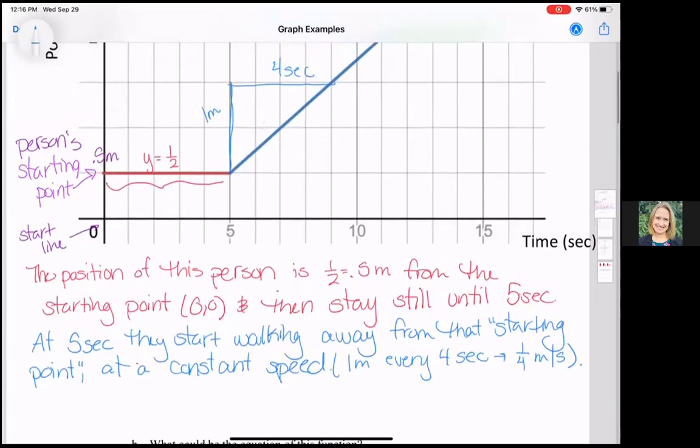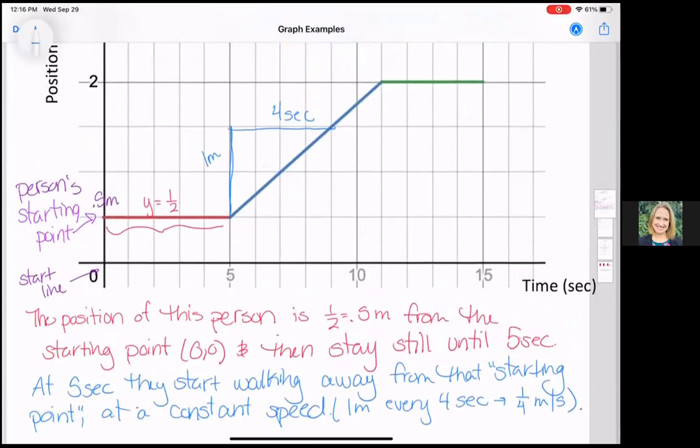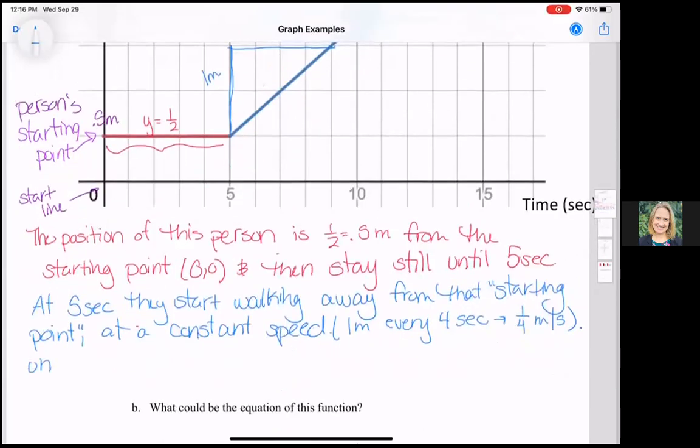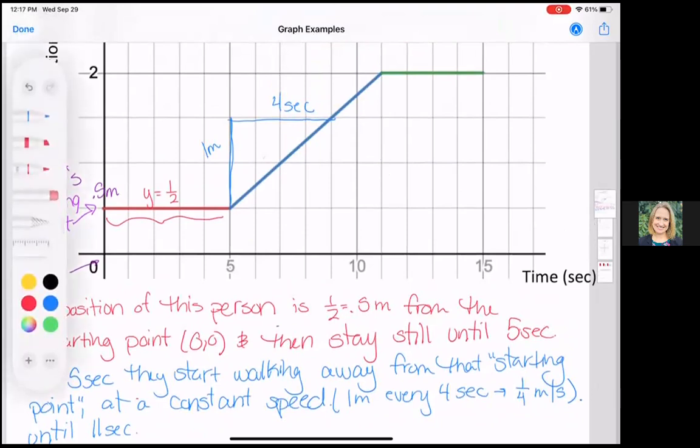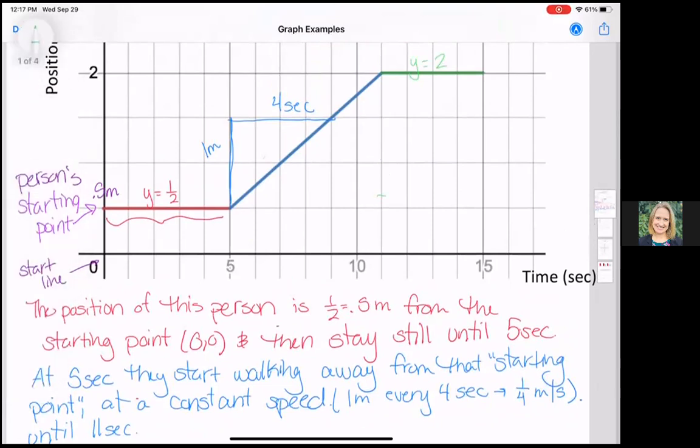And then they walk until 11 seconds. All the way until here is where this part ends. And now at 11 seconds, we'll change to our green. What happens here? There's no slope again. Meaning their position is not changing, but the time is still changing.